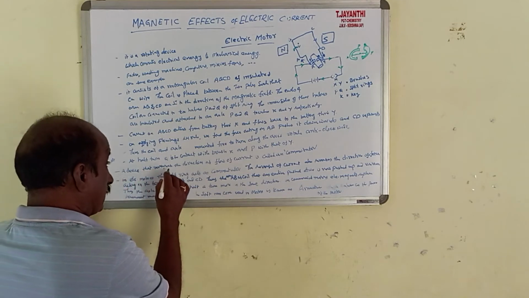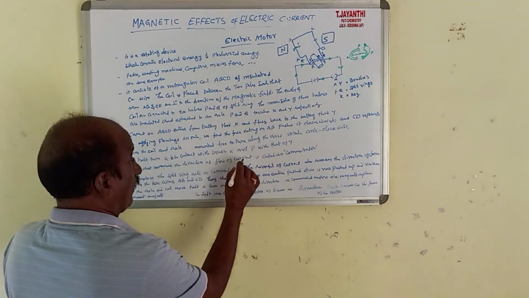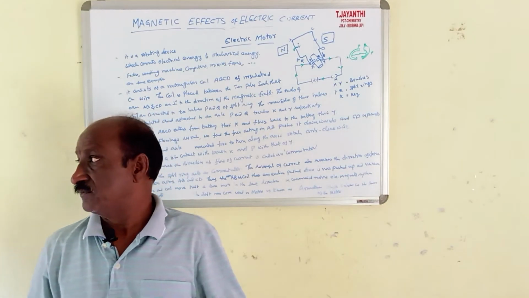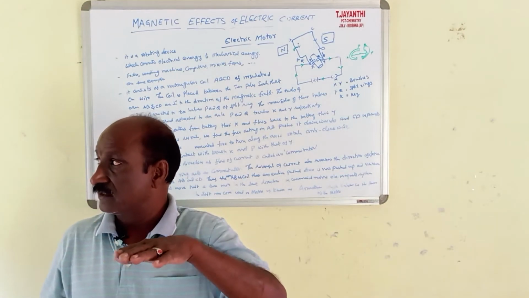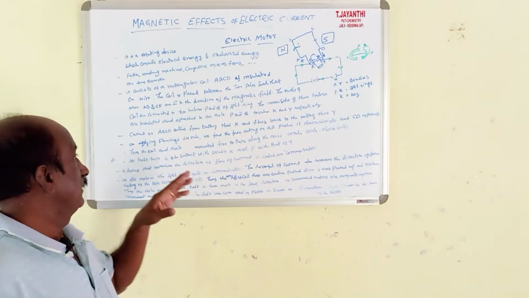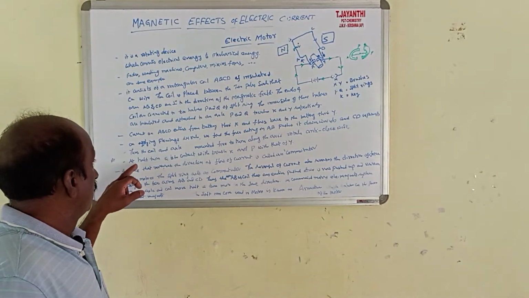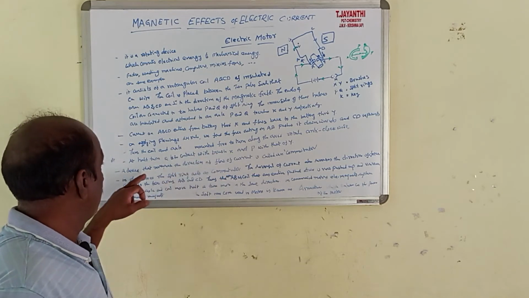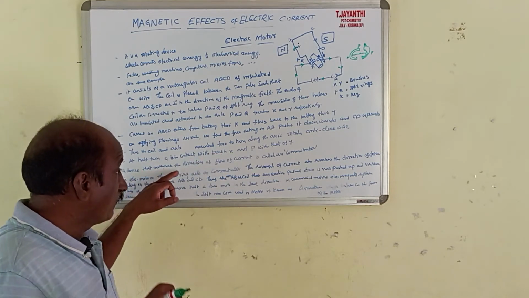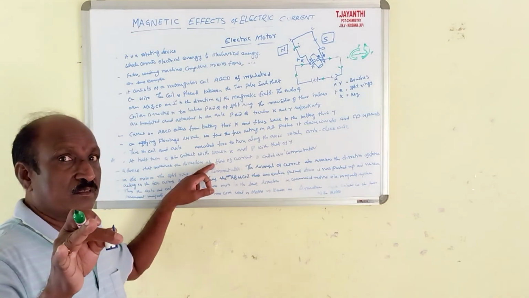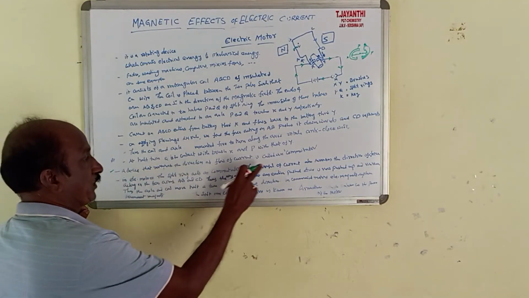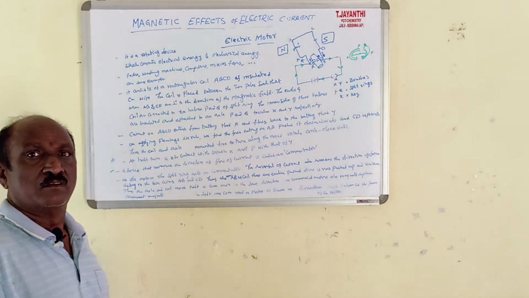A device that reverses the direction of the flow of current is called a commutator. Any device that reverses the flow of current is known as a commutator.